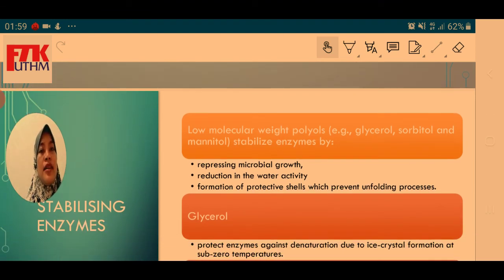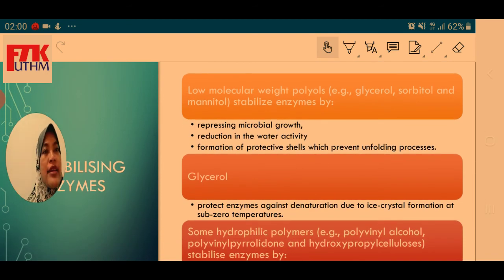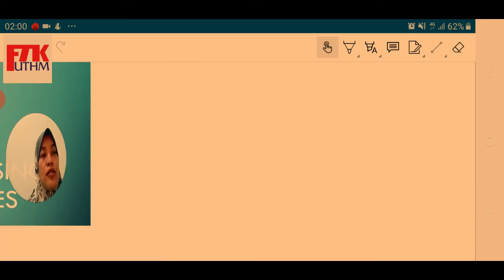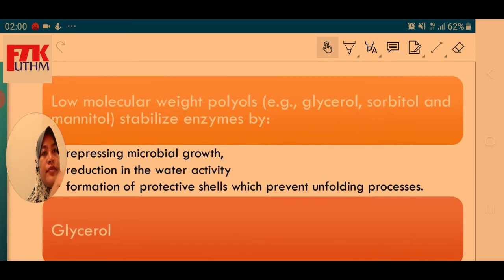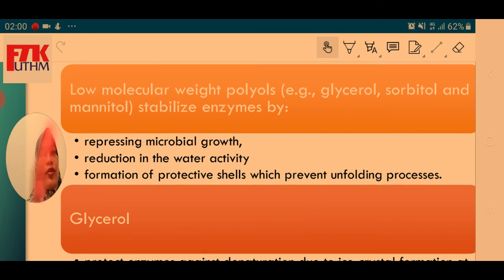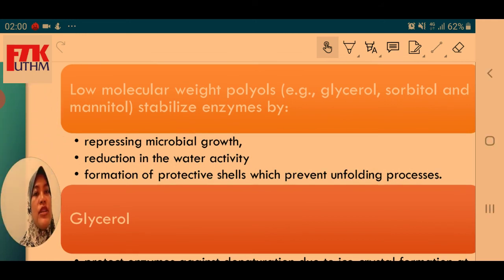Other examples of things that you can do to stabilize your enzymes are by adding low molecular weight polyols here. So what are examples of these low molecular weight polyols?